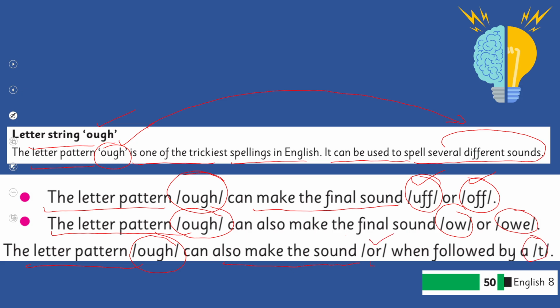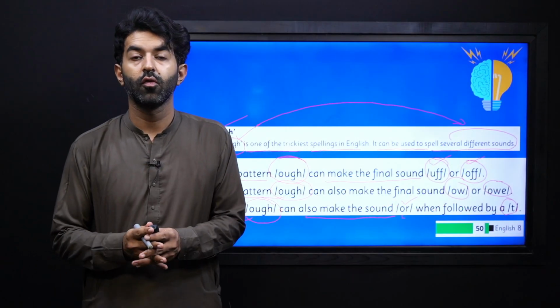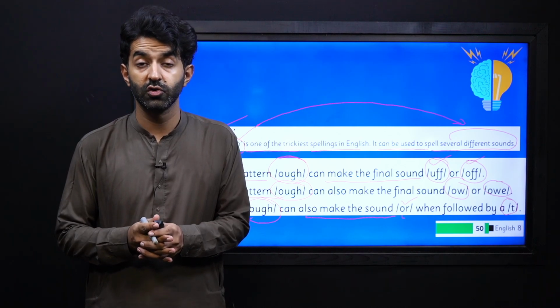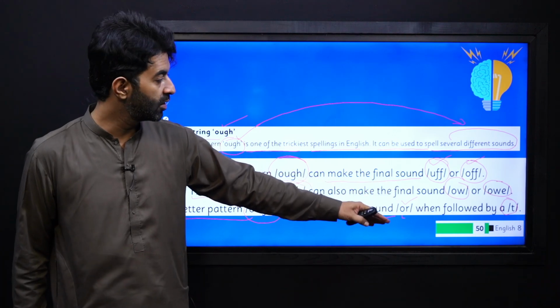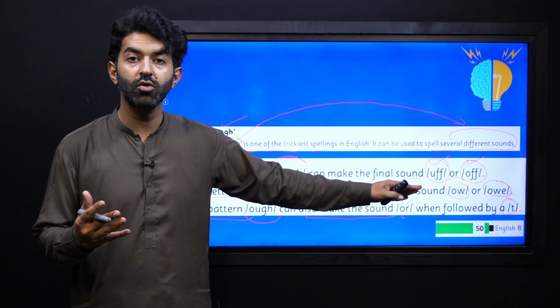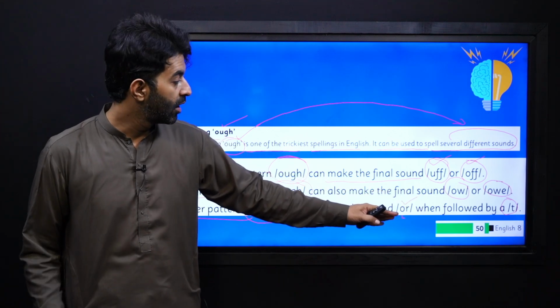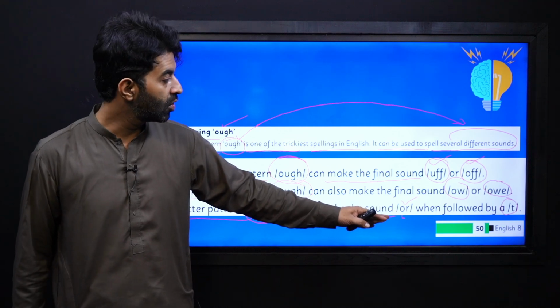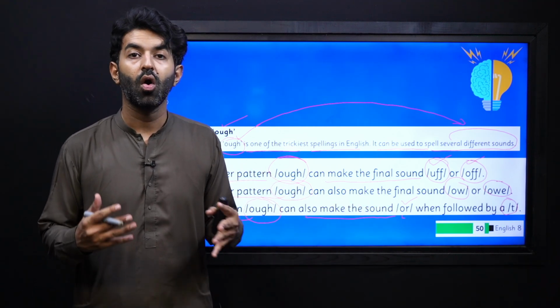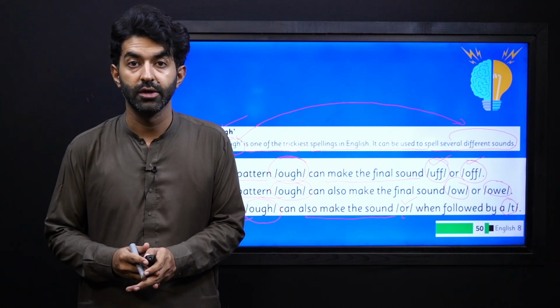Now, we will see all these different examples of these sounds of the OUGH letter string. Let's look at some examples. Just focus on the sounds over here. You have the UF sound, OFF sound, you have O and oo sound, and also sometimes you have the OR sound in some words.